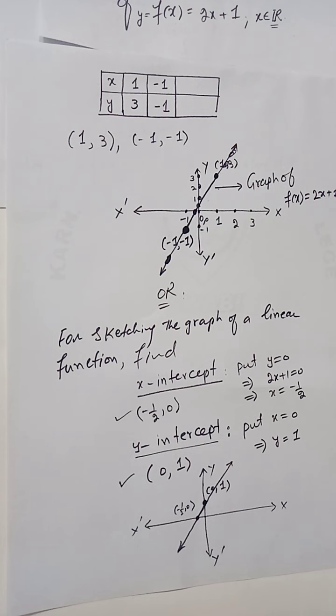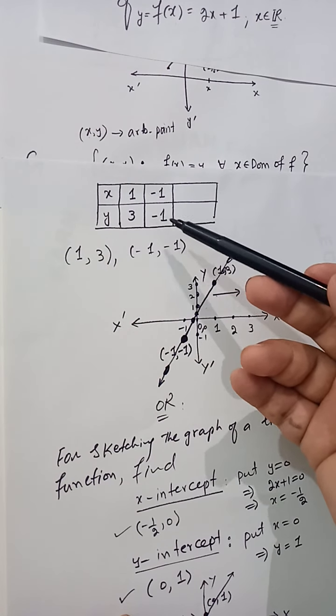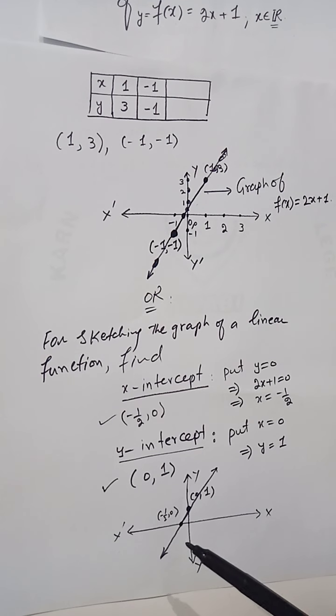So you will intersect the line with the x-axis and y-axis accurately. So this is another method to draw the graph of a linear function. The choice is yours, whether you want to make a table or find the x-intercept and y-intercept.